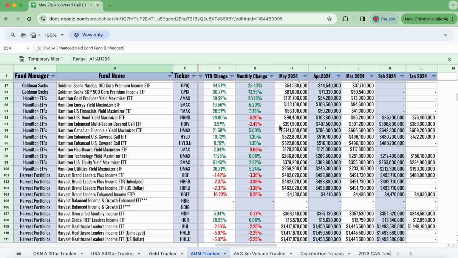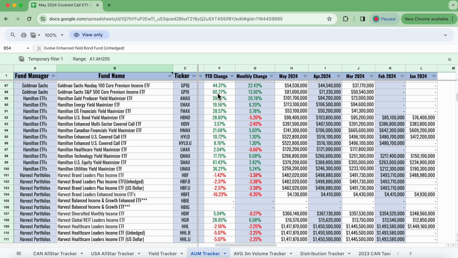Goldman Sachs, these funds are gaining a lot more popularity since March. Their NASDAQ 100 fund and S&P 500 fund are up big, with 44% and 60% respectively. I think these Goldman Sachs funds are a lot easier to understand.